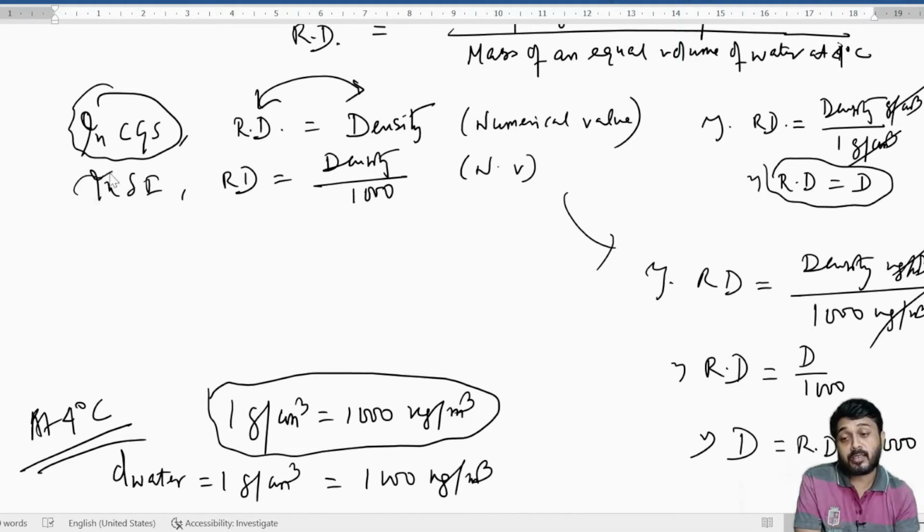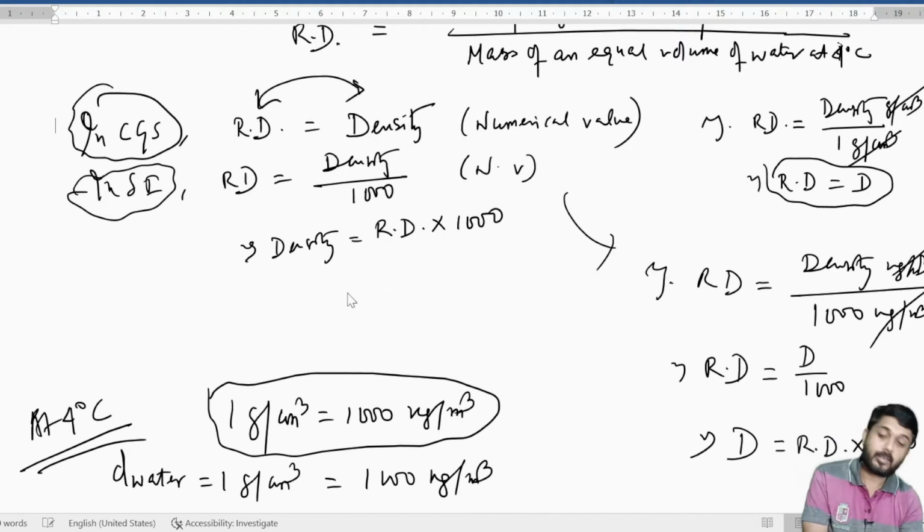But in SI system, RD is equal to D by 1000, or in other words you may write, in SI system value of density equal to value of relative density multiplied by 1000. So if you know the value of relative density of a substance, then multiply it with 1000 to get the value of density in SI system, and you have to add kg per meter cube, the unit, along with that. Is it clear?